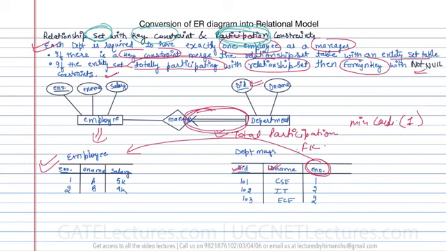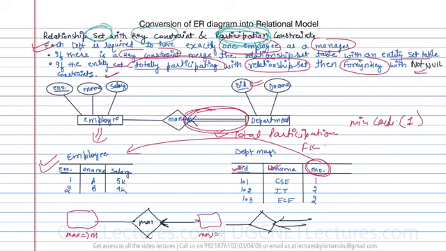See guys, there's a difference between writing a relationship like this, manages, and a relationship like this. You can see from this side, this entity is having the maximum cardinality as M, and this entity is having the maximum cardinality as 1, right?